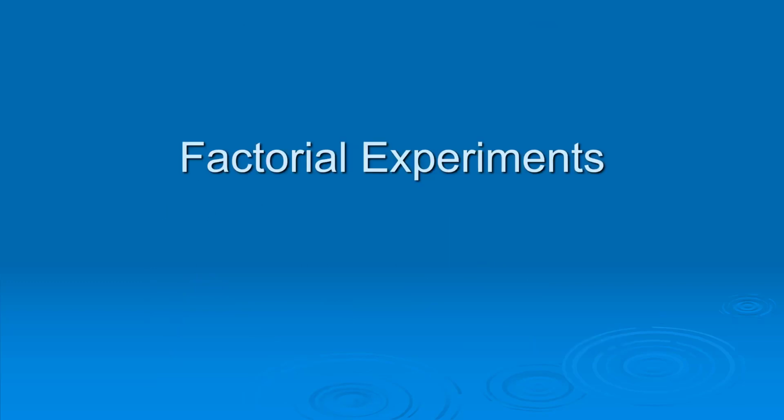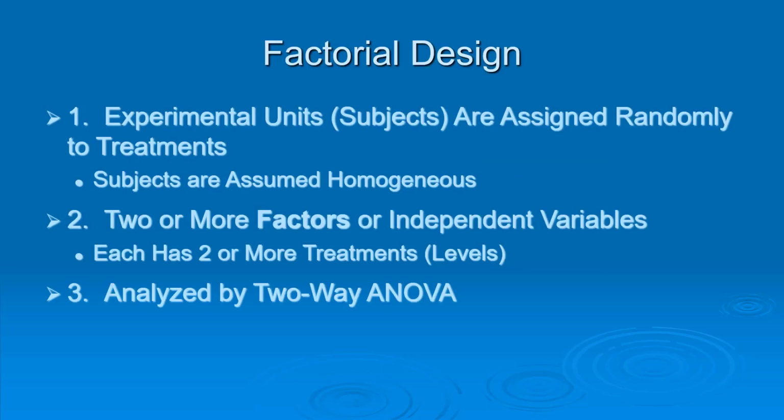Another common experimental design is factorial experiments. In the experimental designs that we have considered up to this point, we have been interested in the effect of only one variable, the treatments.